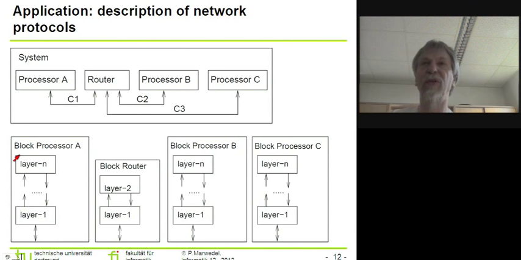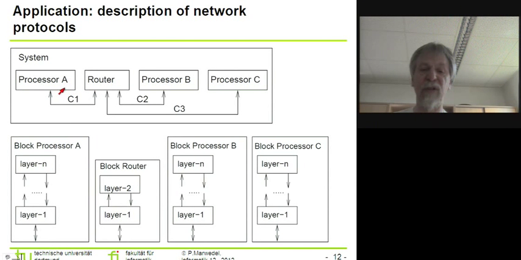Now, in order to demonstrate how we can use that language, I would like to use two examples. The first example is rather a small one, and the second one will be a little larger. The small example is a system that comprises three different computers or processors that are connected in a local network using some router.